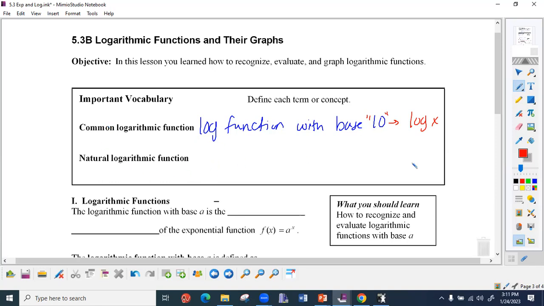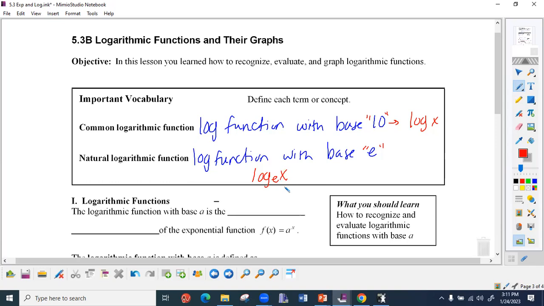Your natural log means that you have a log function with base e. Okay, a log function with base e. So with natural log, it could be written as log base e of x. However, remember, mathematicians are lazy and we don't like to write more than what we have to write.